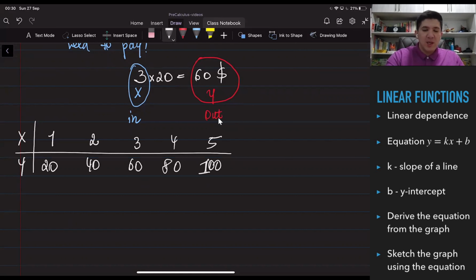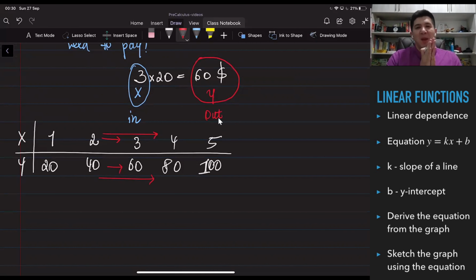You see that if I change the x by 1, then the y changes by 20. But if I change the x by 2, then y changes by 40, right? So these changes are proportional.